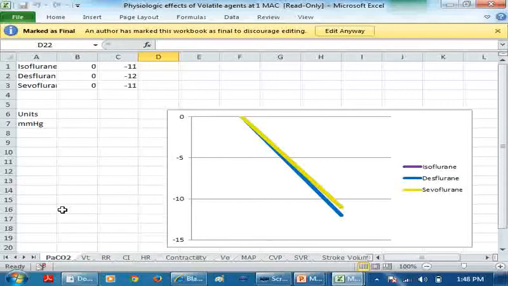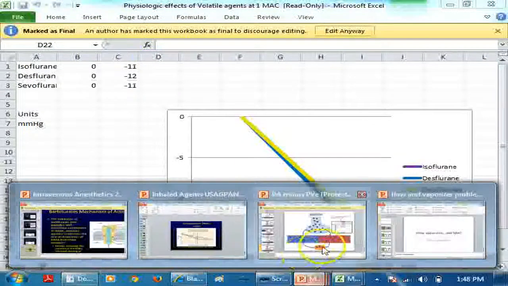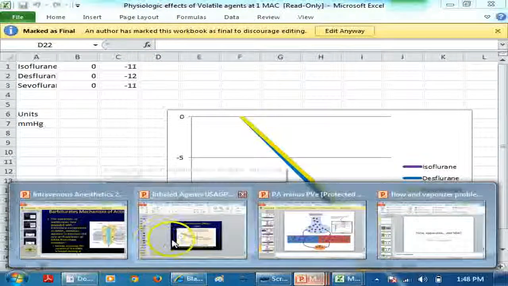Okay, what will be my effect on my PaCO2? Well, what does this say? Decreases your PaCO2. Why might that happen? That might be reversed. But you do initially hyperventilate before you hypoventilate.